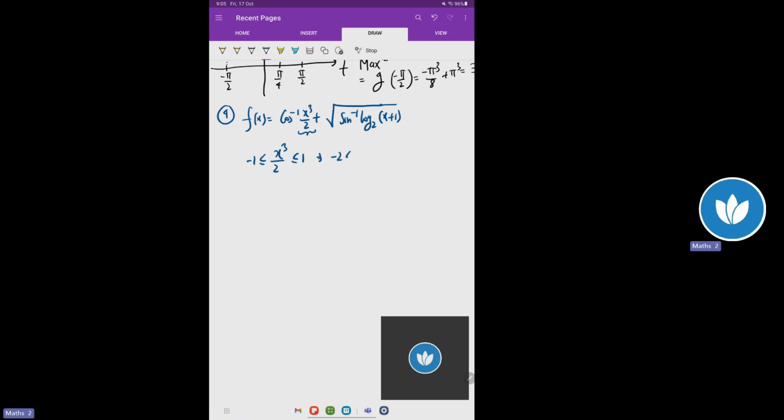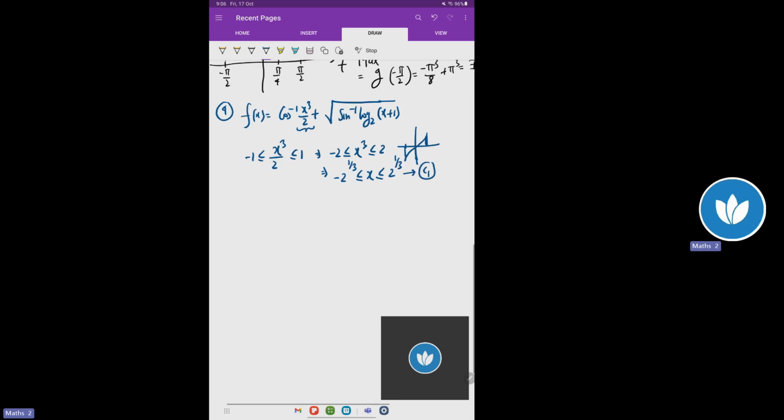So in fact, x cube has to range from minus 2 to 2. Since you all know the x cube graph looks like this, if x cube ranges from minus 2 to 2, we can write that x would range from minus 2 raised to 1 by 3 to 2 raised to 1 by 3. So this is your condition 1.